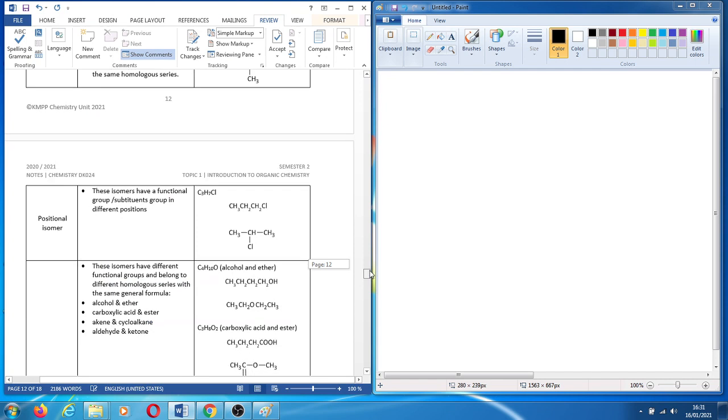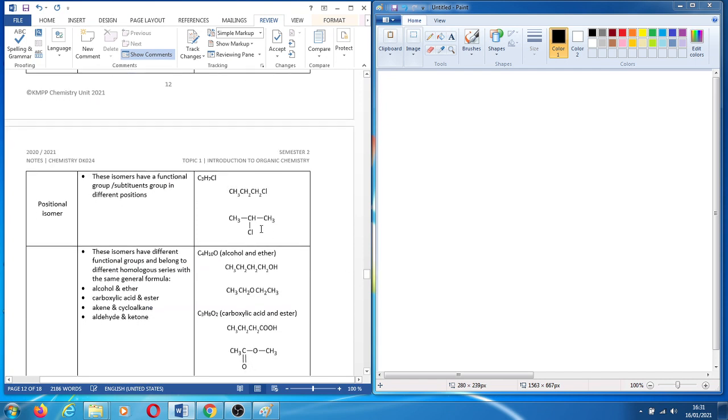For the second one is position isomer. It refers to isomers that have a functional group or substituent group in a different position. Okay, functional group. Make sure you still remember about functional group. This is the molecular formula C3H7Cl. We look at the functional group or substituent group.